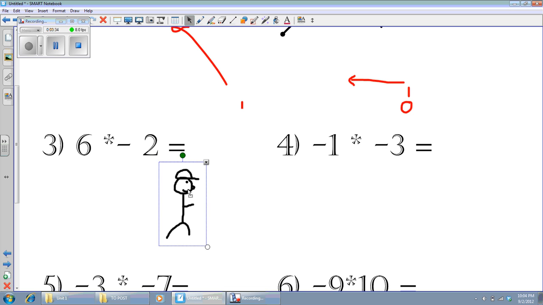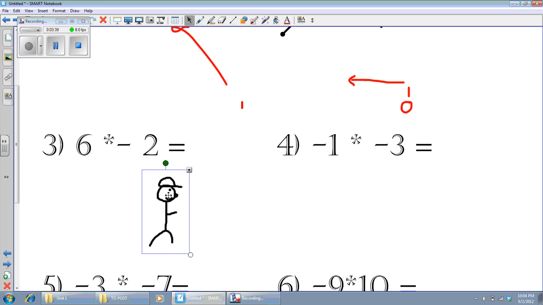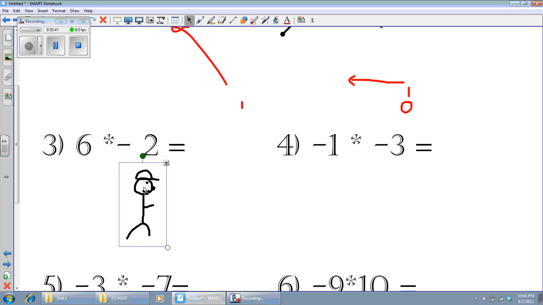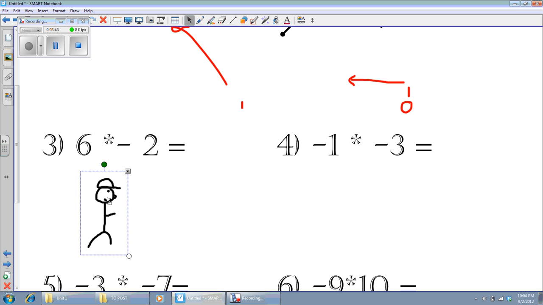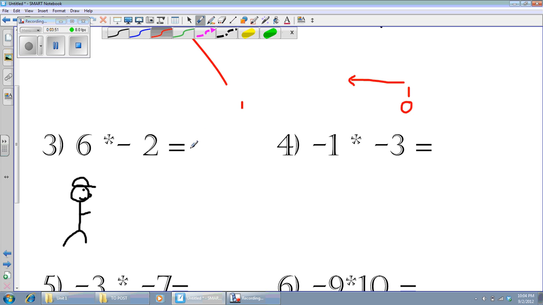So he's going to go back 2, back 2, back 2 again, back 2 again, back 2 again, and back 2 once more. Well, all those 2's make 12, but he was moving backwards, so he'll be at negative 12.